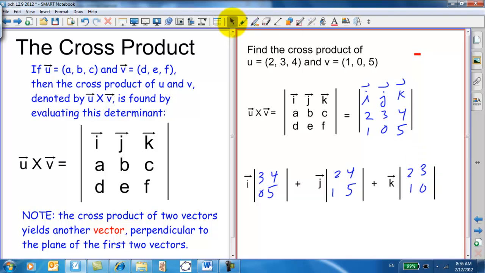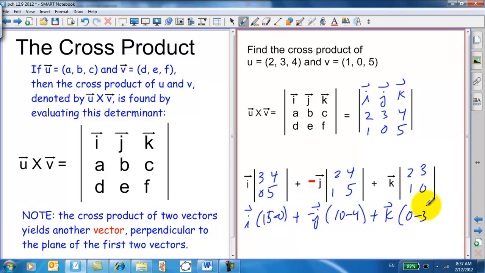Oops, I think we're forgetting something. It's a little negative sign here. Remember, because we're doing a determinant, and the j is in a negative position there. Got to put a minus there. So, let's see what we get for these vectors then. This is i times 15 minus 0 plus negative j times 10 minus 4 plus k times 0 minus 3.